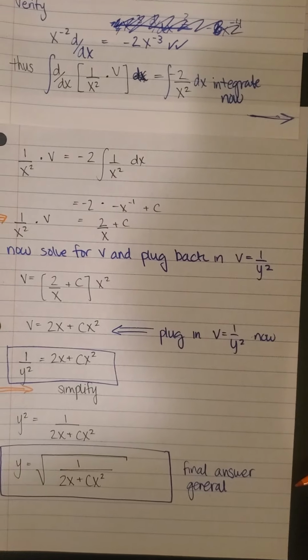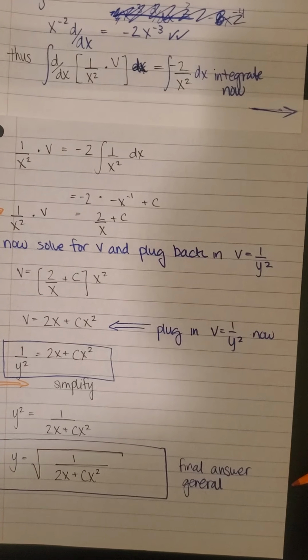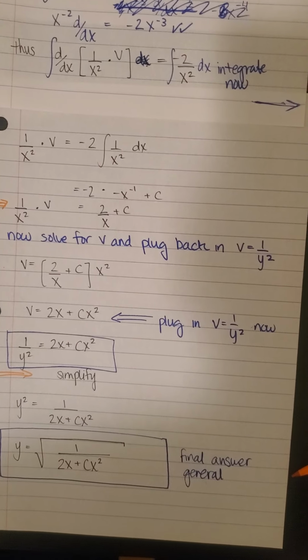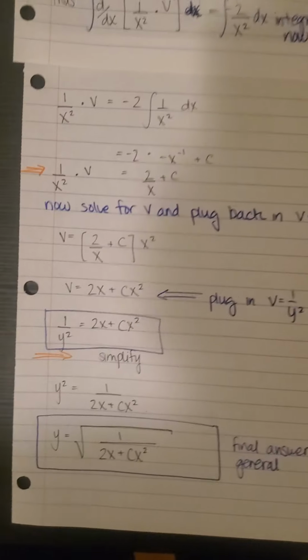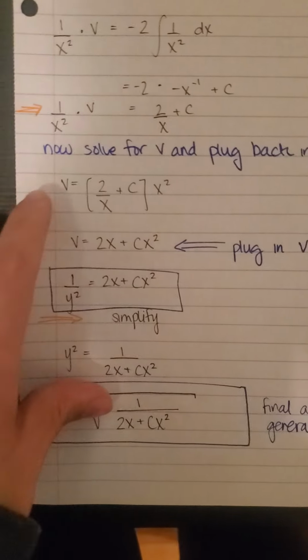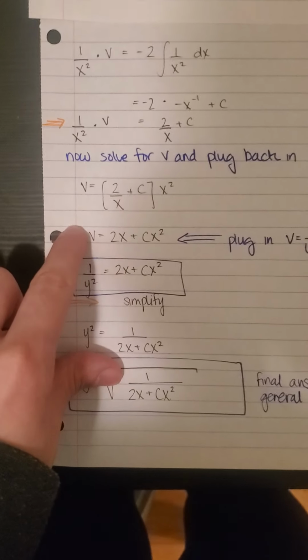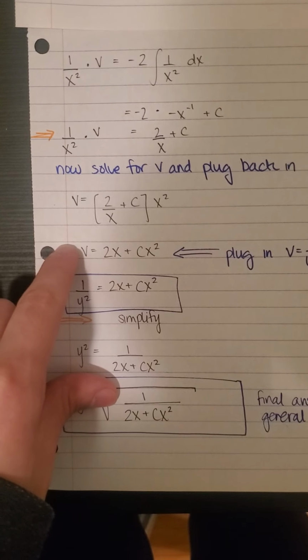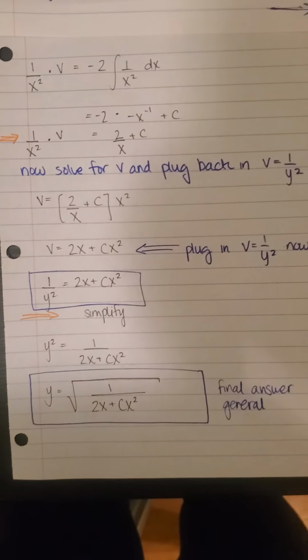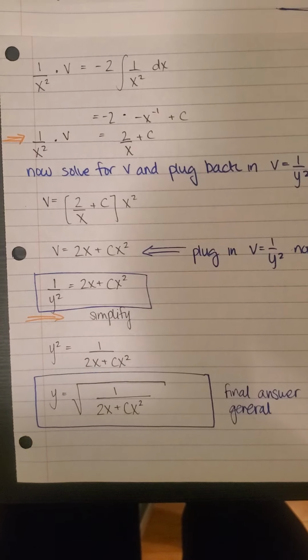And then once we're done solving for v, we're going to plug back in that v equals 1/y². So we do that. We just do some more simplification, some more algebra. And we get v equals 2x plus cx², which is good.